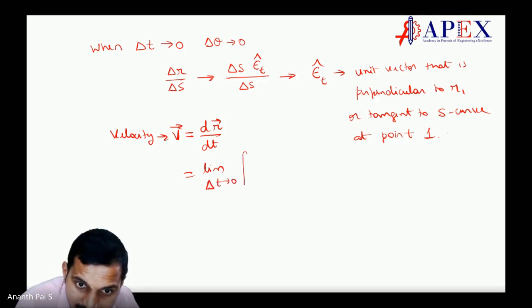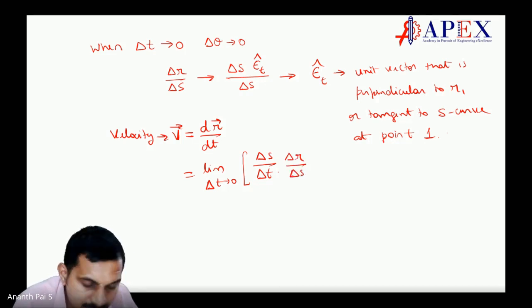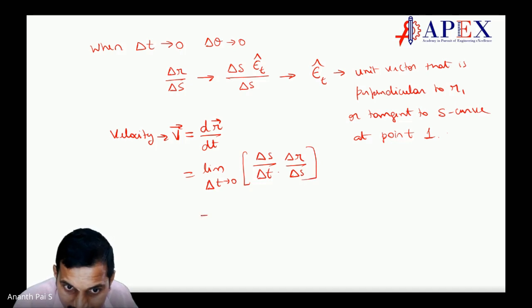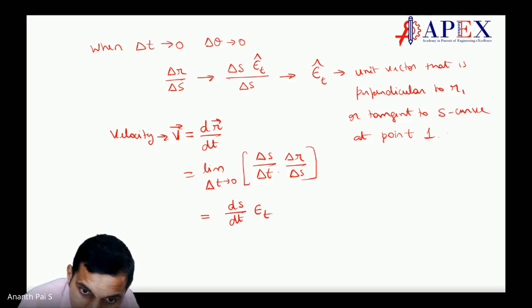We can write this as delta s by delta t into delta r by delta s. I can write it like this. Or this can be written as equal to ds by dt into epsilon t, tangential.